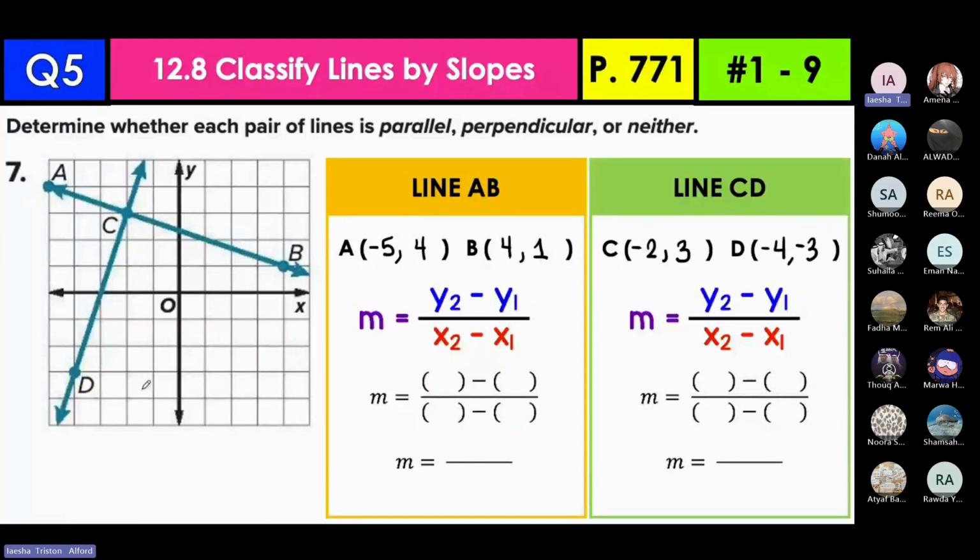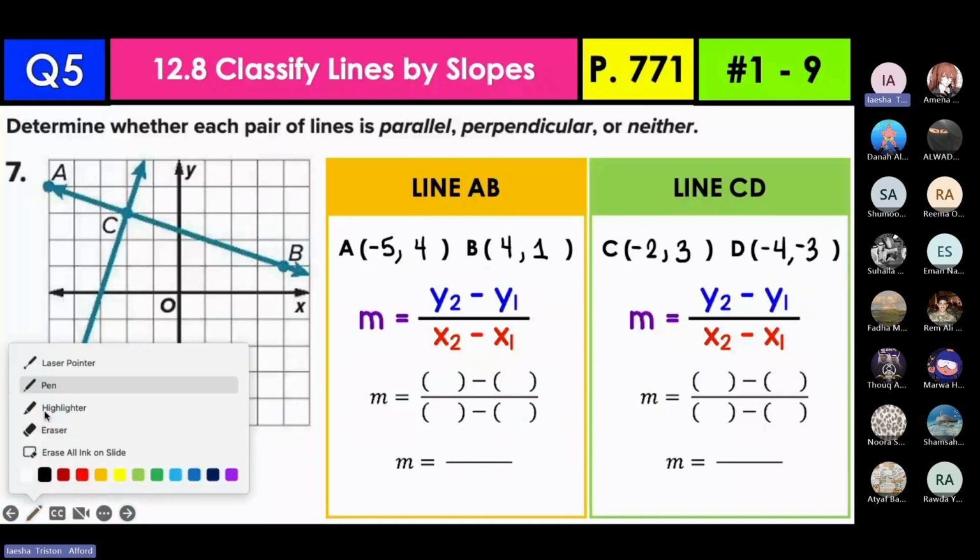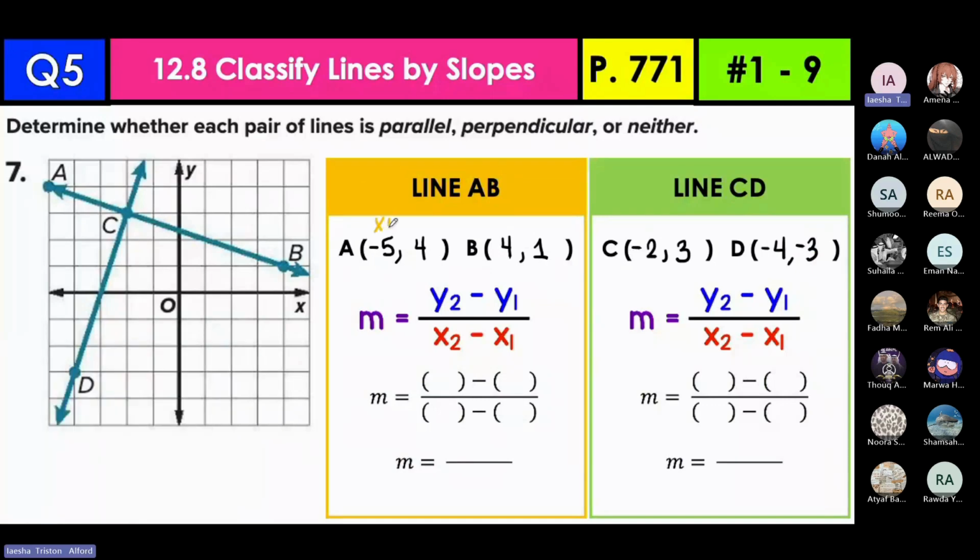So write where the points are and then find the slope. Or you can use rise over run if you want. This x1, this y1, this x2, this is y2. So y2, +1, y1, +4, x2, +4, x1, -5.